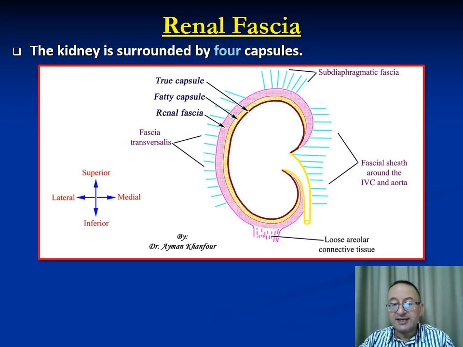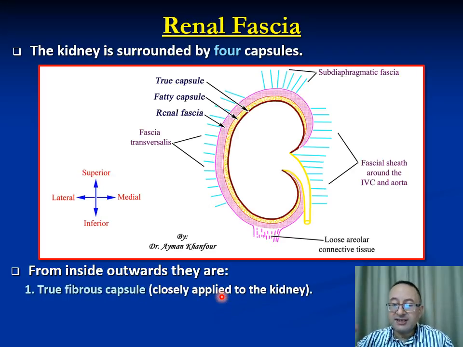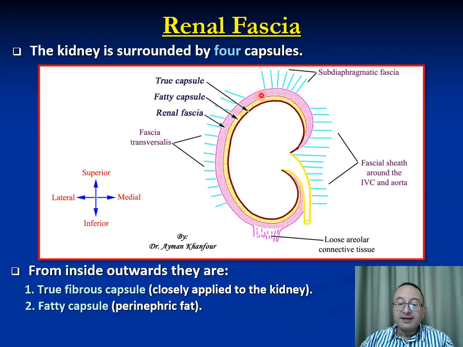Always, for any organ, the first capsule, which lies intimately close to it, is called true capsule, which is formed of condensation of white fibrous tissue of that organ. Next to it, we have this yellow color, which is called fatty capsule, just a fat.